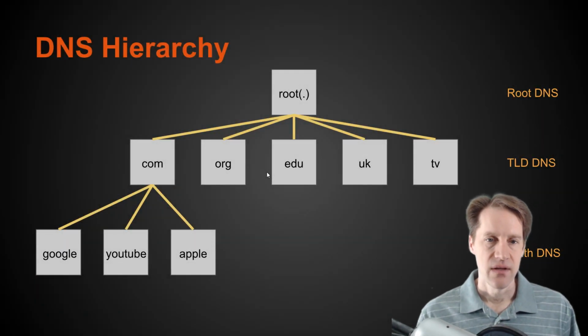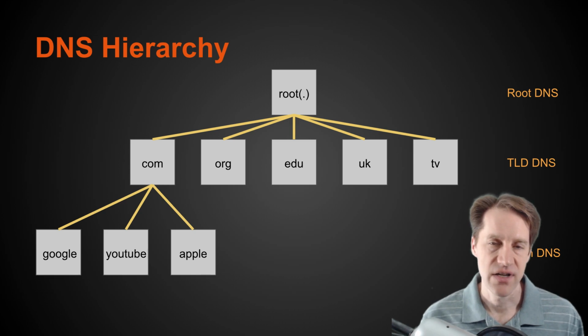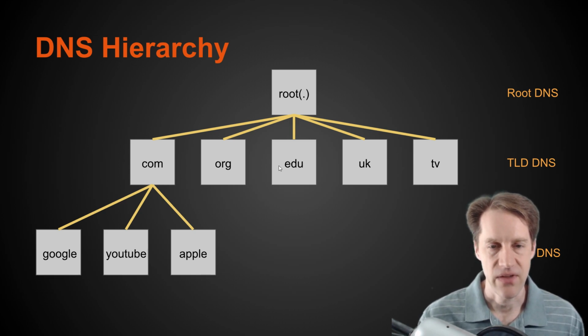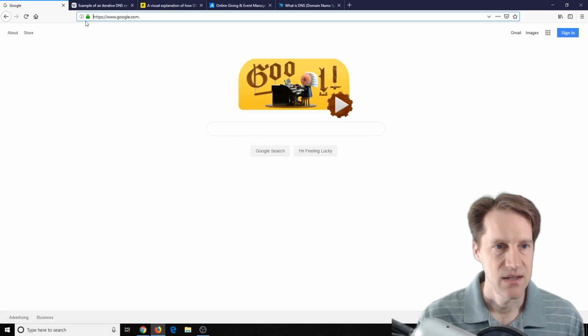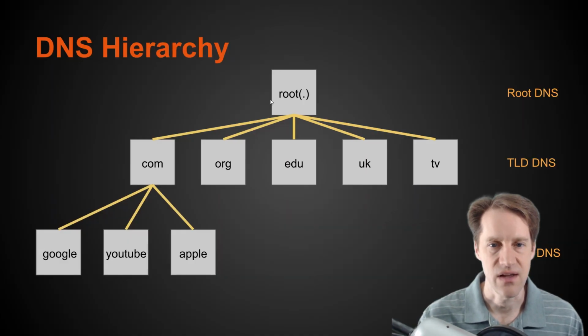Okay, so it also talked about a hierarchy that I was mentioning before, and the hierarchy kind of looks like this. So you have the root, which again is just the dot. If we go back to here, there's a dot at the end. That is the root of the hierarchy, and there are root domain servers, and then there are multiple top-level domain servers.